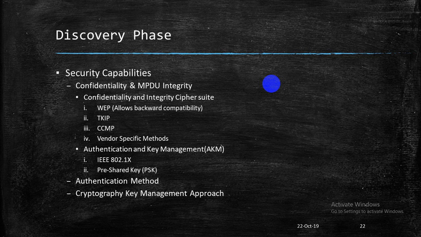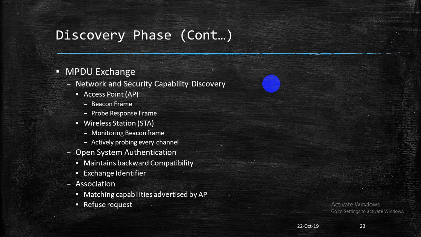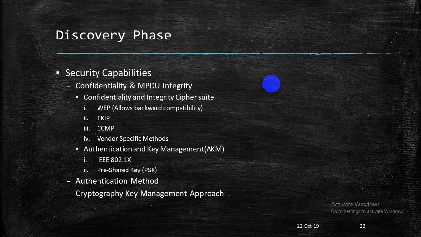And the next is how it will authenticate. Several authentication methods are used, and for the cryptographic key management in the discovery phase, basically the device, meaning a station, provides its capabilities to access points.